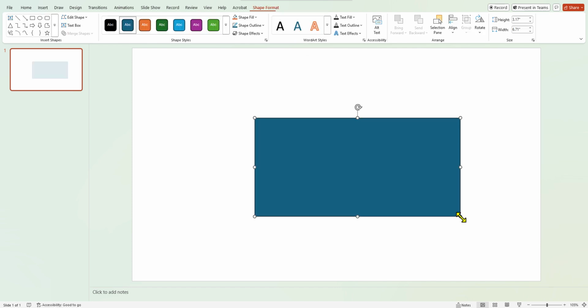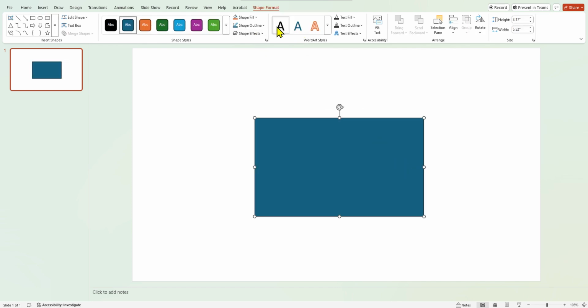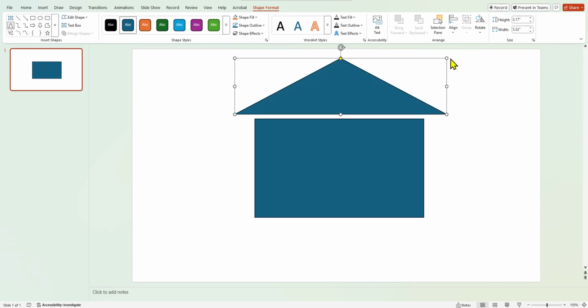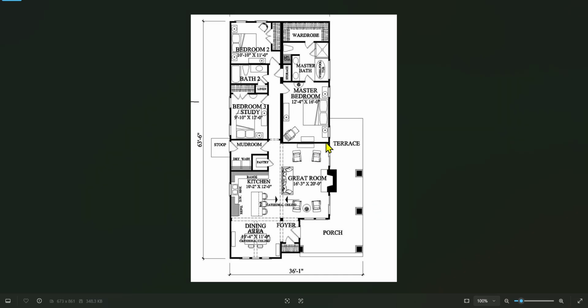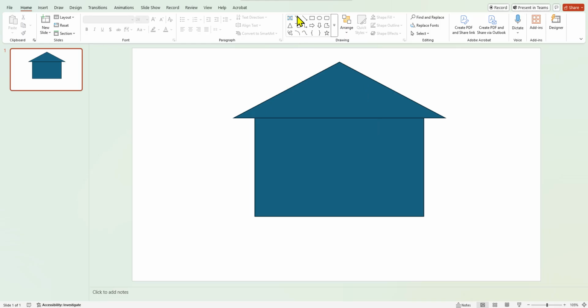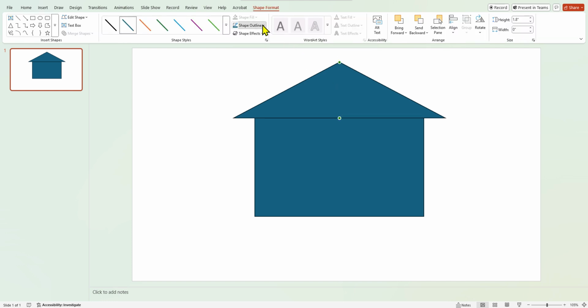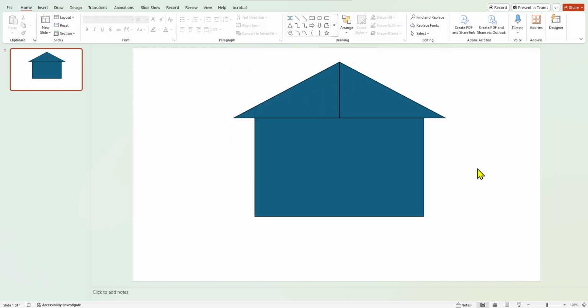But let's say this is our house, and the house has this kind of roof, a roof that's got a peak. Right now in this image, we're looking down. We've been considering the master bedroom as just a rectangle for the ceiling. But let's put a line right down that middle, and let's make it black. There we go.